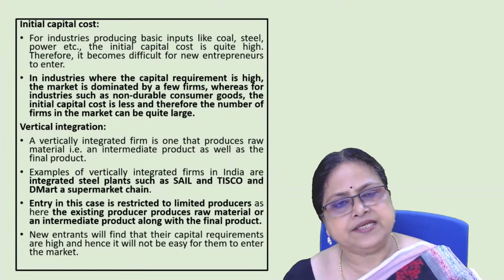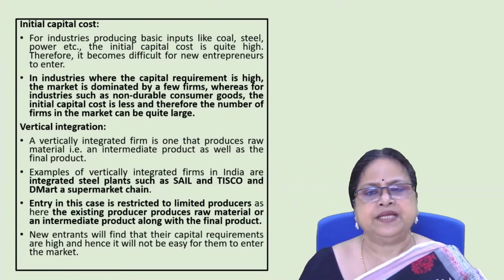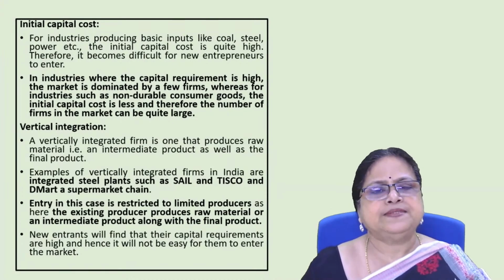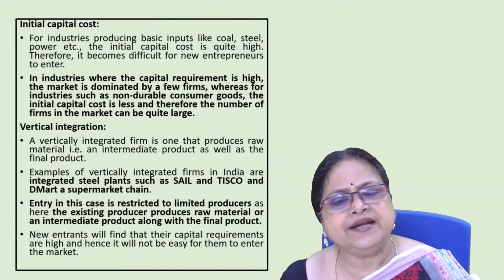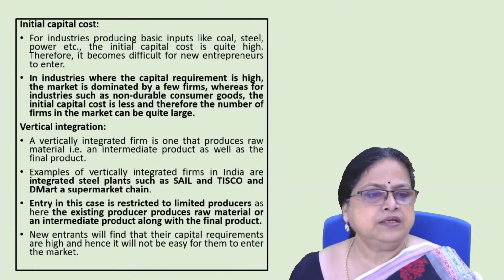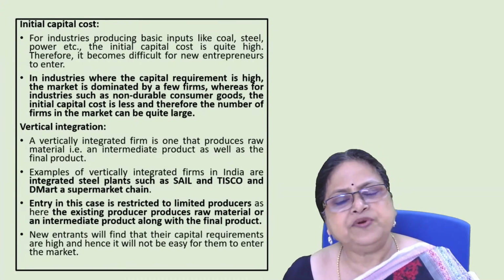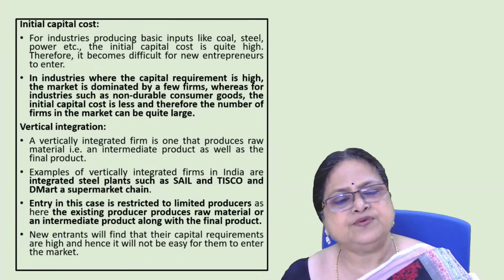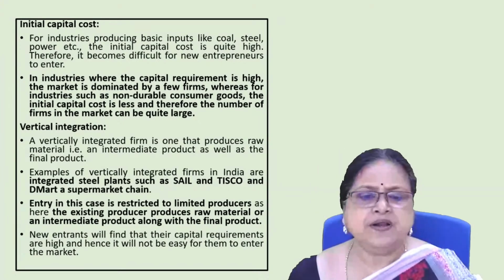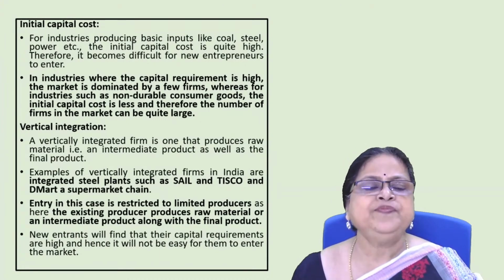Next is vertical integration. That is another strategy by the existing firms so that new firms cannot enter into their market. A vertically integrated firm is one that produces raw material and intermediate products as well as the final products. Both are being supplied by the firm.